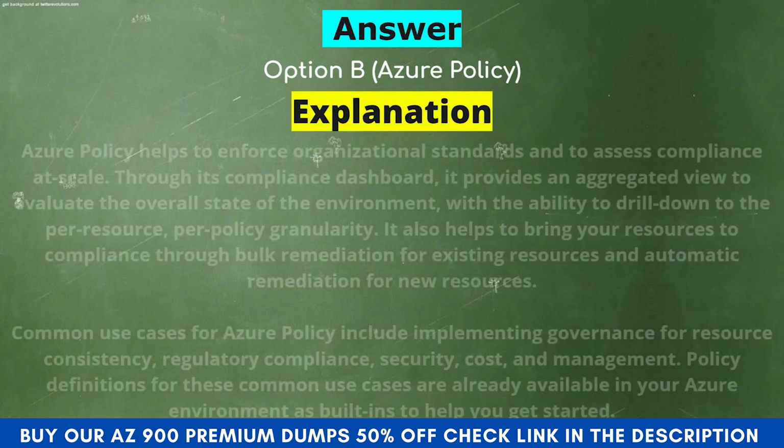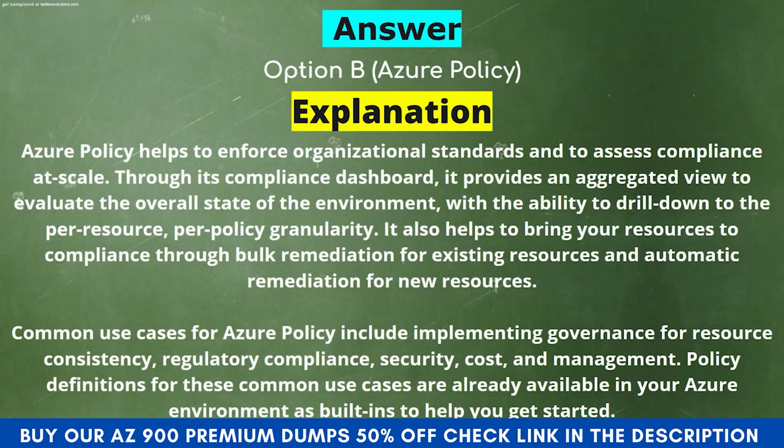Explanation. Azure Policy helps to enforce organizational standards and to assess compliance at scale. Through its compliance dashboard, it provides an aggregated view to evaluate the overall state of the environment, with the ability to drill down to the per-resource, per-policy granularity. It also helps to bring your resources to compliance through bulk remediation for existing resources and automatic remediation for new resources.